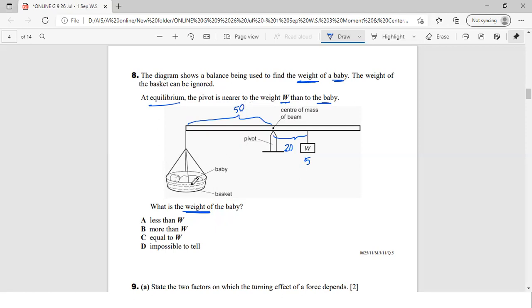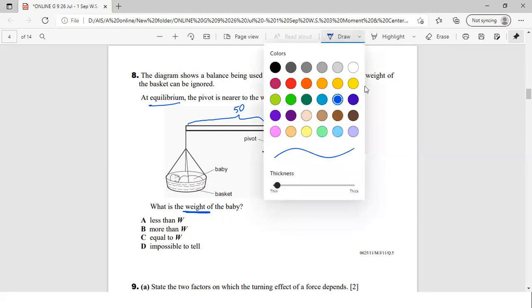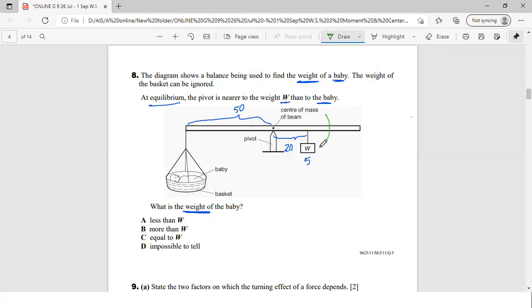How heavy is the baby? So we have two moments here. We have moment clockwise from the weight W, and moment anti-clockwise from the baby. So moment clockwise equals moment anti-clockwise.